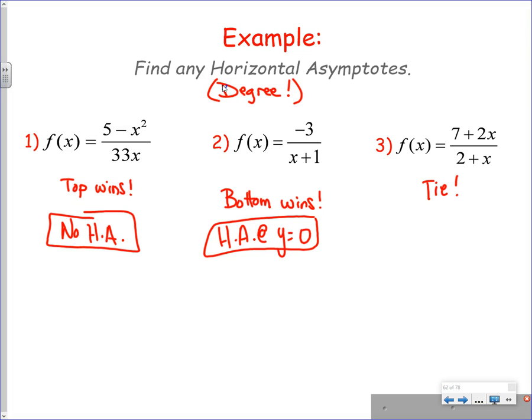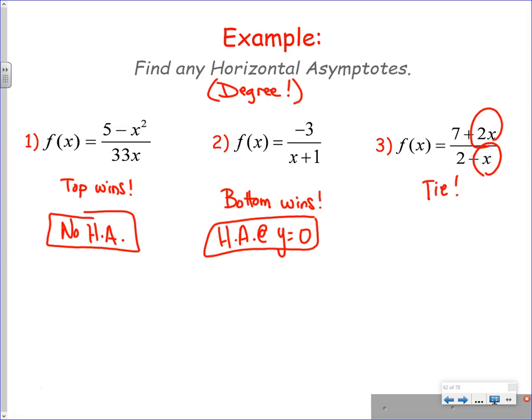I think 7/2 was a different part of the answer. 2 was the one that we were looking at. 7/2 was an intercept, I think. Tie. Now guys, remember, think Goliath. Choose your strongest man. Who's the strongest out of 7 and 2x? You would think 7, but it's all about degrees. That's my favorite.